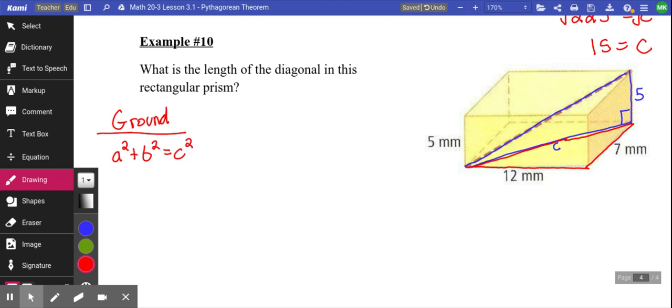The ground is the floor of this prism, the bottom triangle. So I'm doing 12 squared plus 7 squared equals c squared. That's 144 plus 49 equals c squared, which is 193.